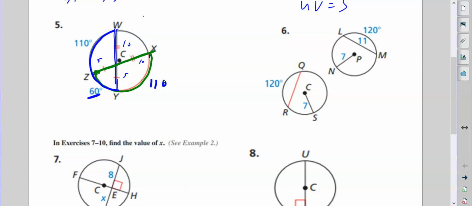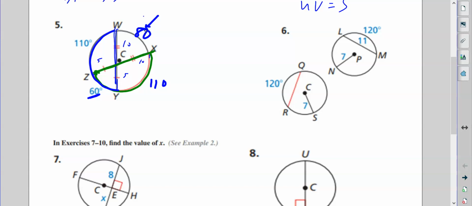Then if you add up those numbers, people go, oh, those two are 110, so these are both 60. That's not the case. You can tell that this right here is obviously larger than the other one, but also if you add 110, 110, 60, and subtract from 360, you will find out that this is 80. So that's a very common mistake, and you just gotta go step by step.